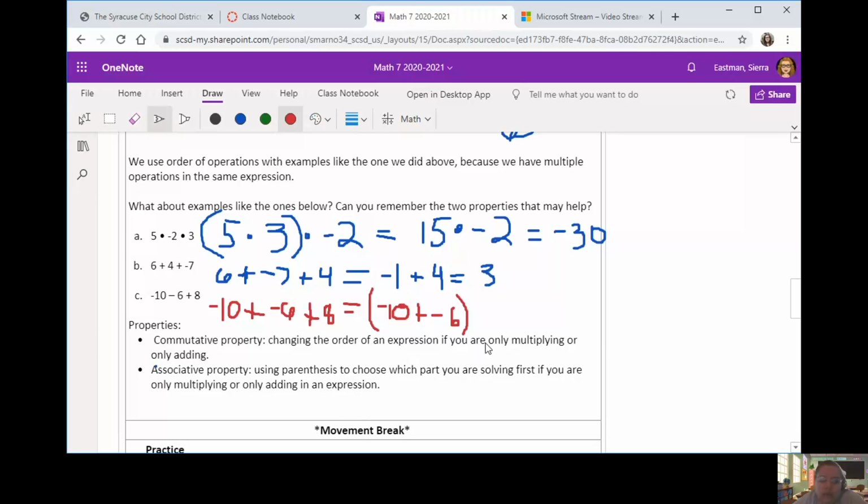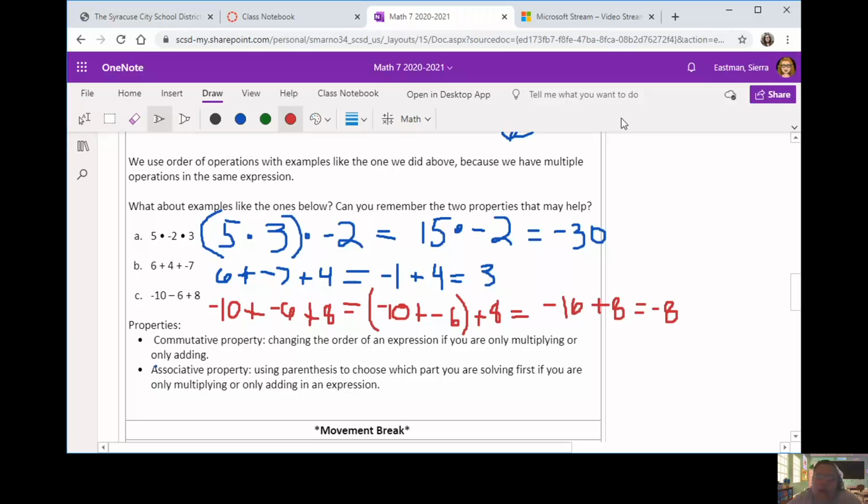I only added some parentheses on there. And that's telling me to solve that first. Negative 10 plus a negative 6 actually gives me a negative 16. We use those addition rules. And then I'm adding my 8. And that's actually going to leave me with a negative 8. Again, I'm using my addition rules that we talked about above.